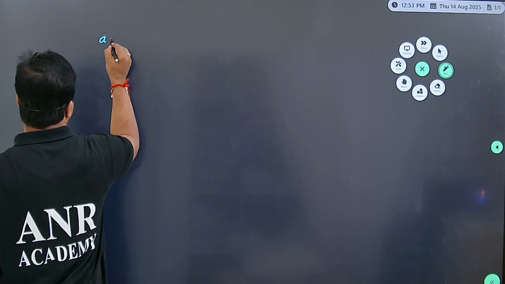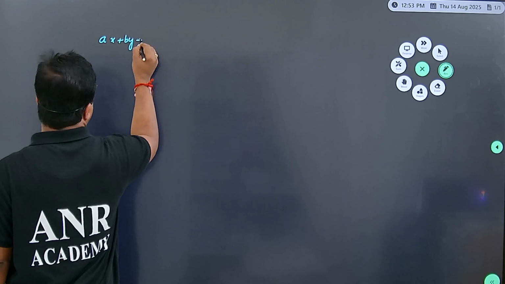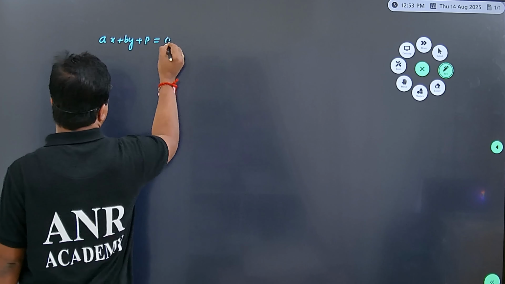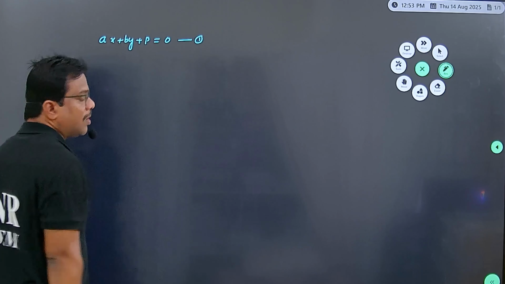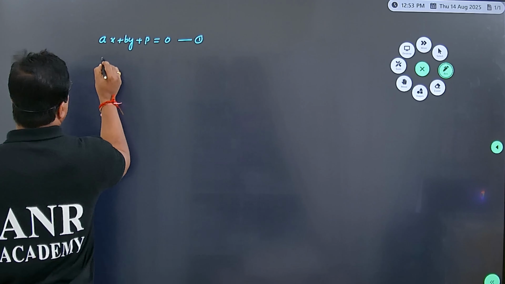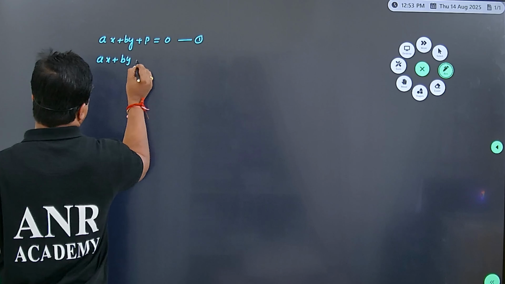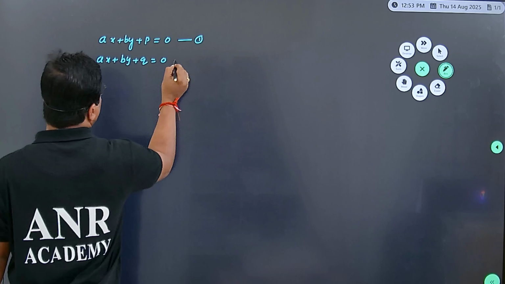First line, that is ax plus by plus p equal to 0. Its opposite side, ax plus by plus q equal to 0.